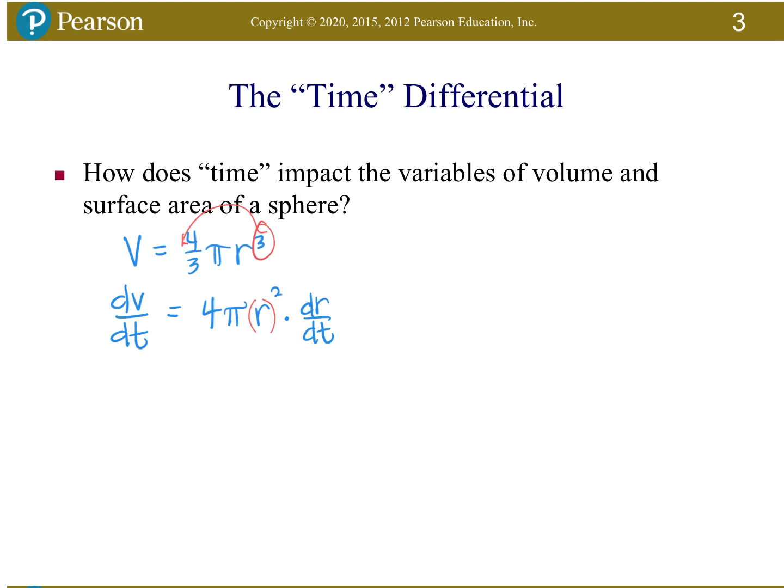How about the surface area of a sphere? Anybody have the formula for that one? Where do you see 4 pi r squared?